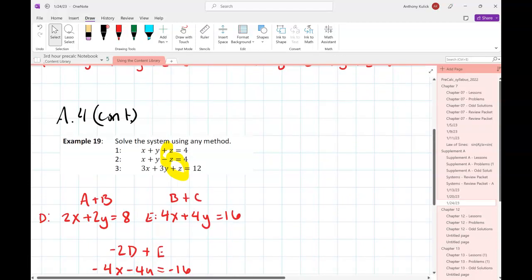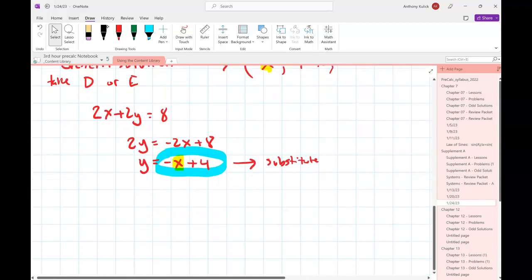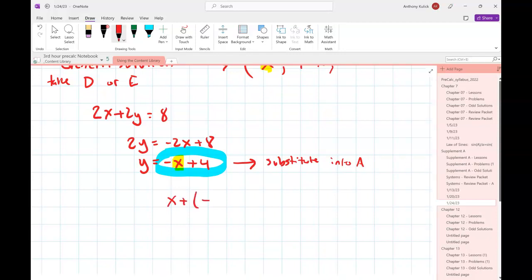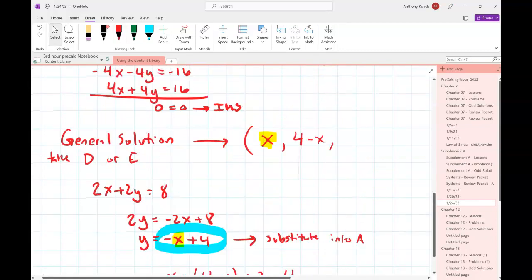I'm going to substitute into A because if I'm trying to get the Z by itself, I love the fact that the leading coefficient there is 1. So I have X, and then instead of Y, I have 4 minus X, plus Z is equal to 4, right? Yeah. Okay.